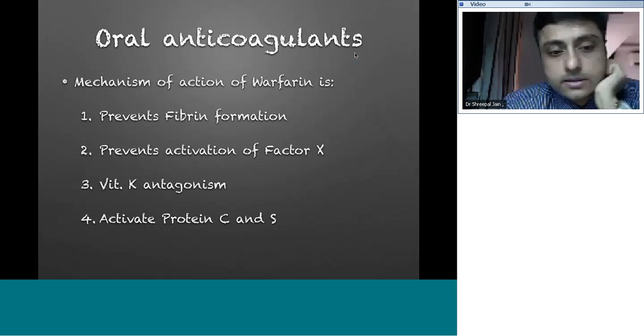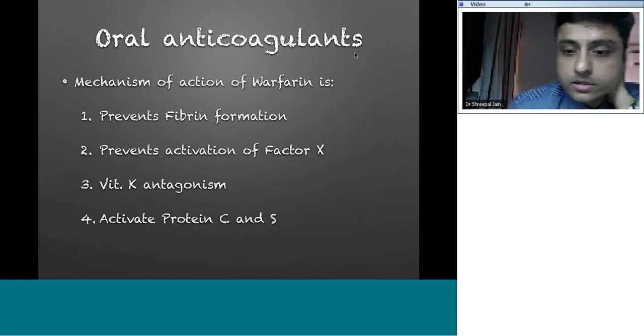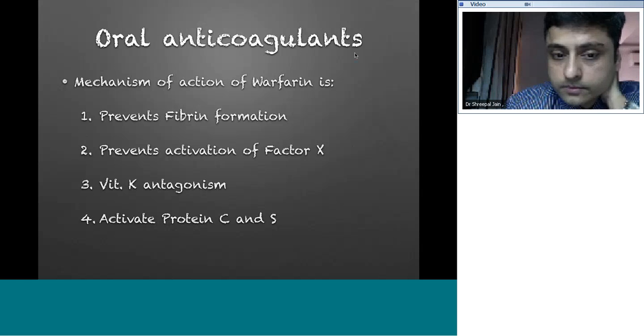Number 3, excellent. So it basically antagonizes action of vitamin K so that there is no production of vitamin K dependent clotting factors, which include number.